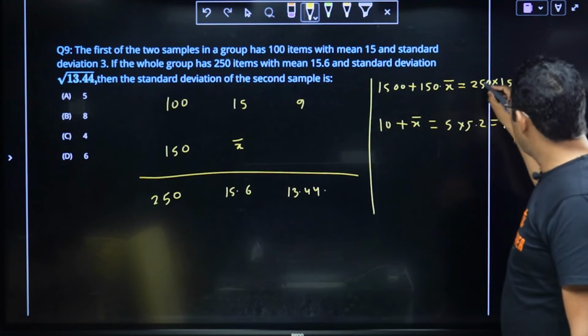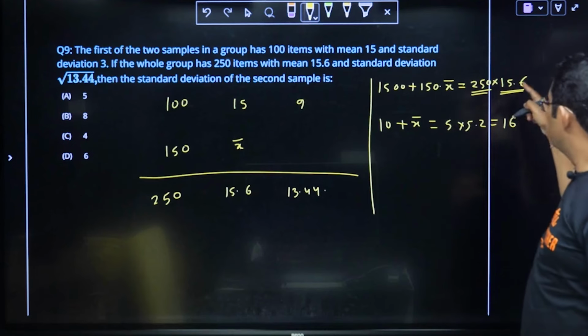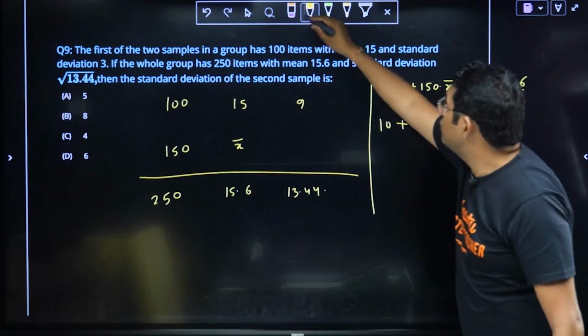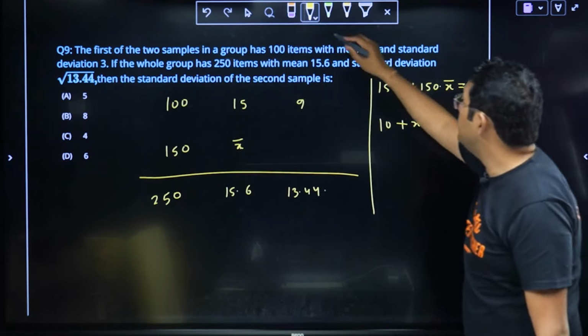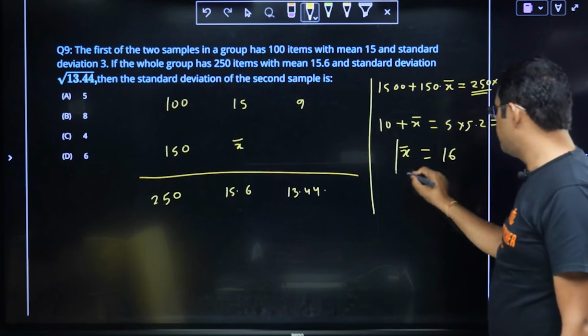Dividing by 50 gives 5, and dividing by 3 gives 5.2, so it will be 26. The value of x bar is becoming equal to 16.